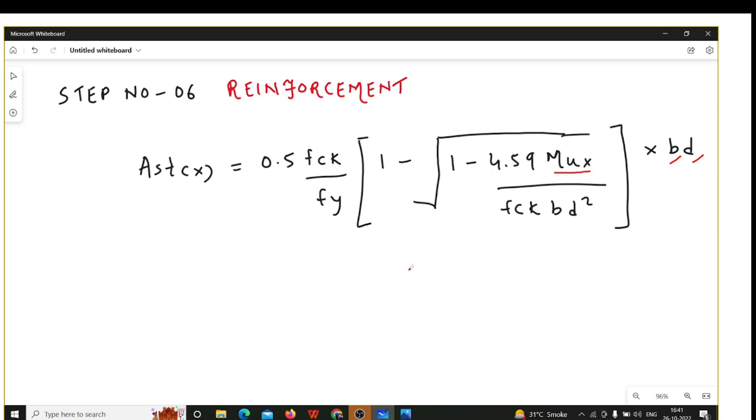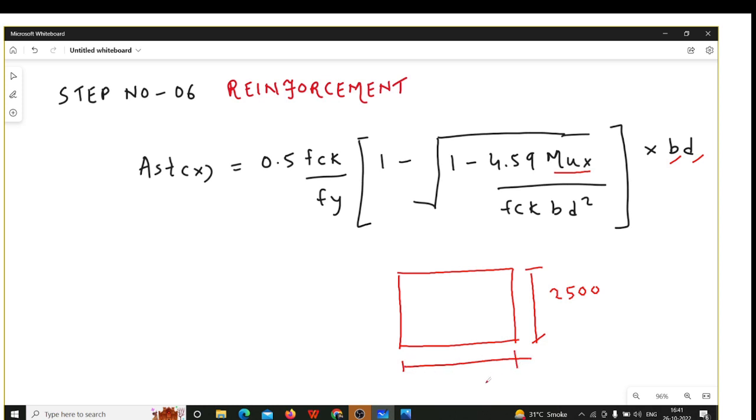B, what B we have to take, you see. When you are determining the reinforcement in the x direction, this will be your B. Already we know the value of it, 2500 mm. But when you are determining AST in the y direction, L will be the width of the footing. The length of the footing will be the width of the footing when you are determining AST in the y direction.